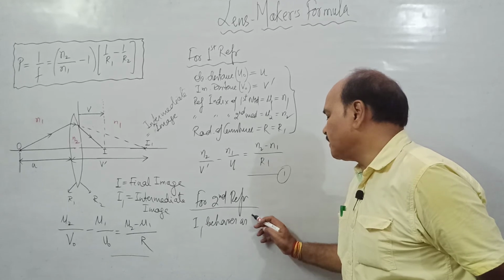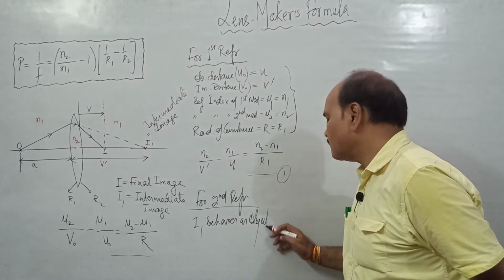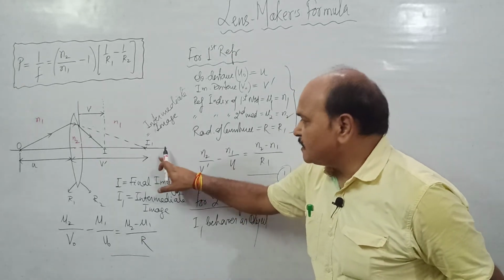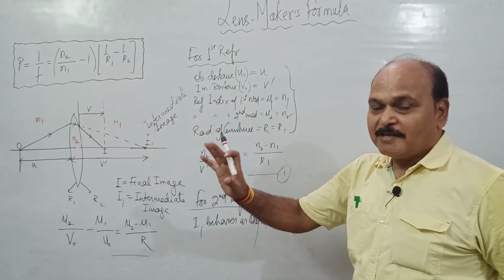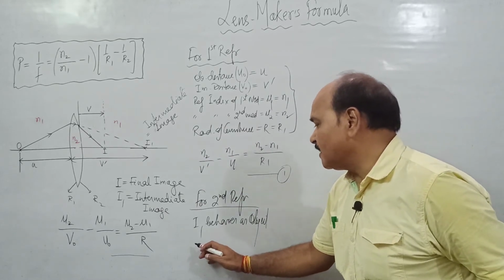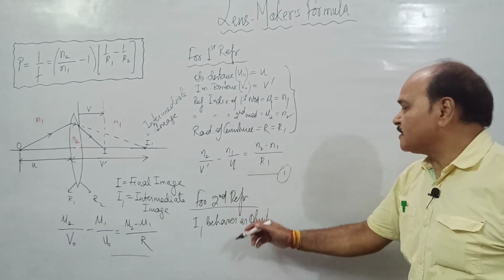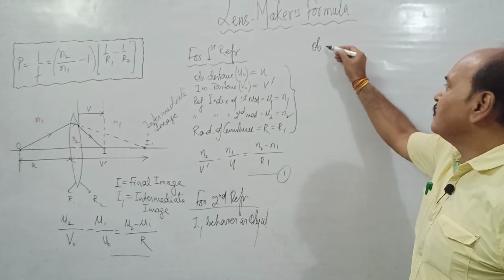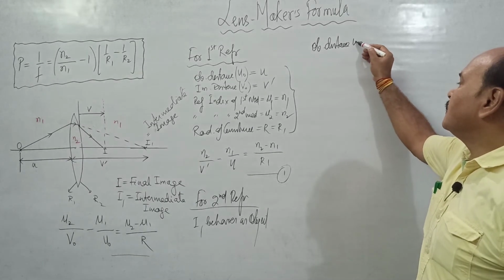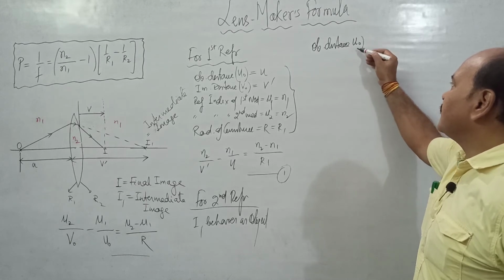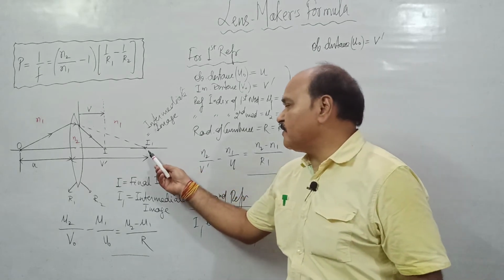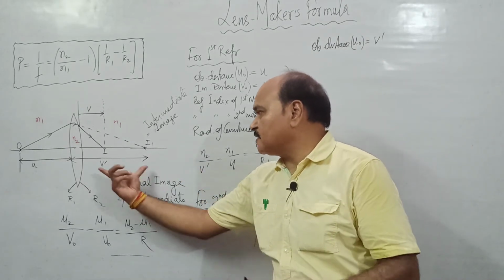Since I1 behaves as the object, its distance is going to be the object distance. So what is the object distance for the second refraction? It is going to be v dash, as this behaves as the object for the second refraction.